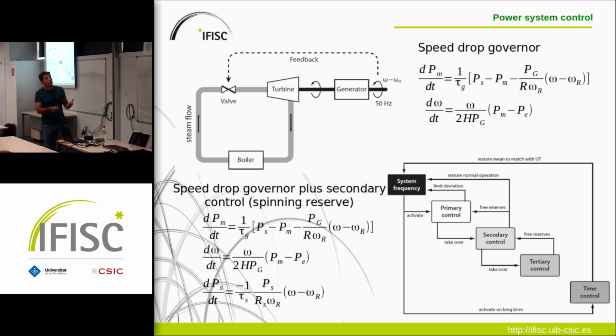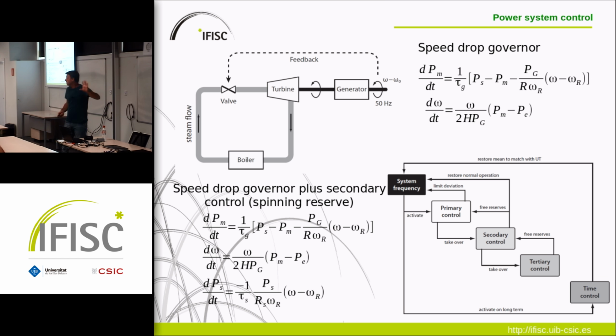There was a constant here, PS. It was constant for the primary control, but it's not constant. Actually, it reacts with a longer time scale, and this brings back the frequency to 50 hertz. So you have primary control and secondary control, and they are both proportional derivative control. In principle, it's quite simple, actually.